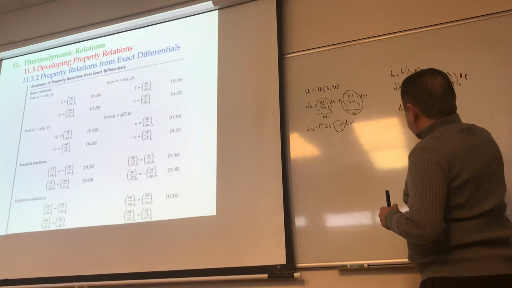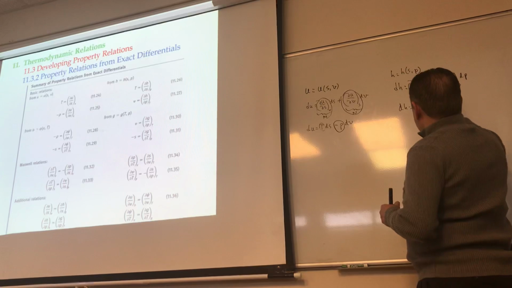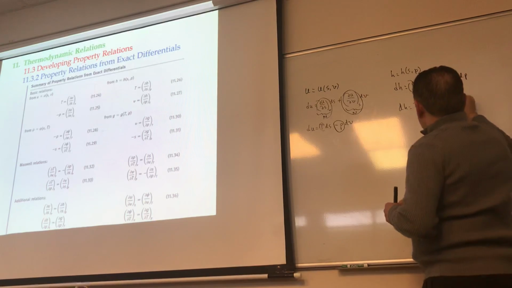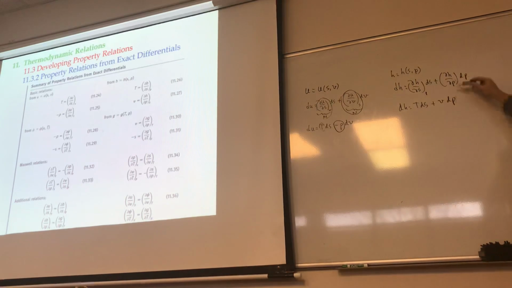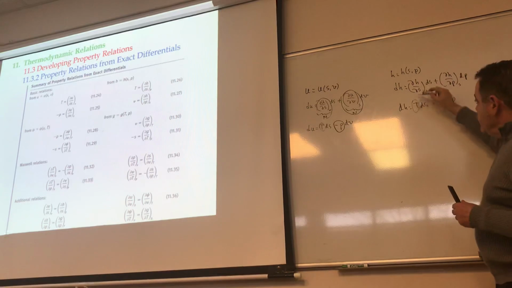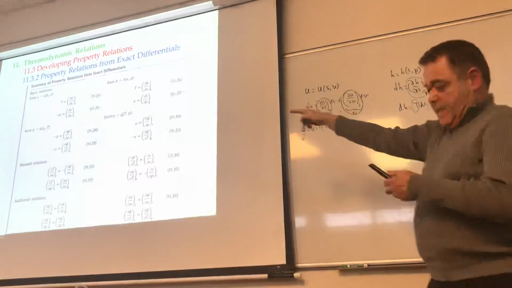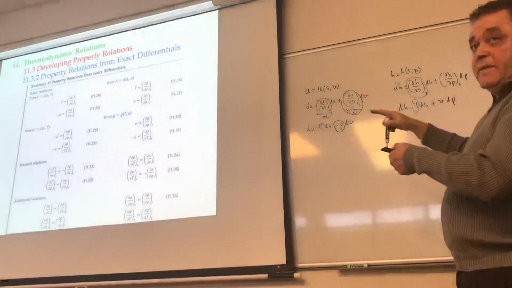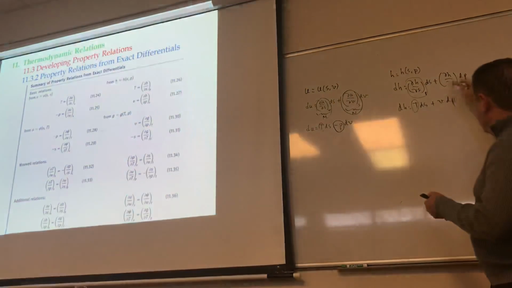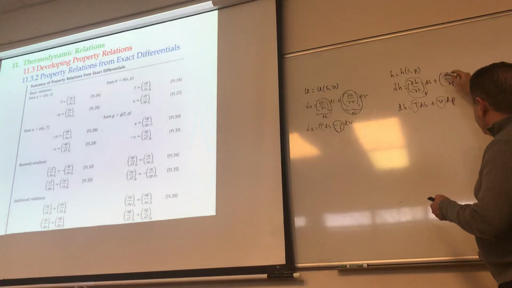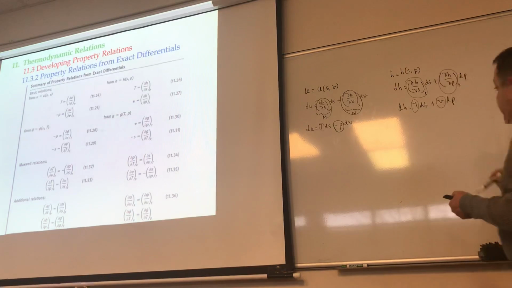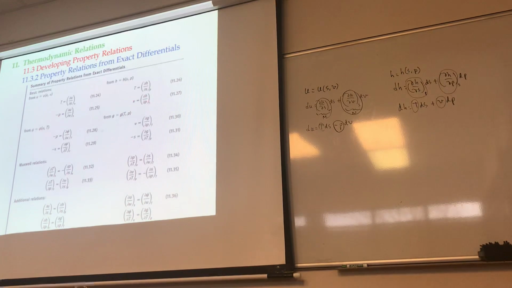But we already know that dH is equal to TdS plus VdP. Okay? So based on these two, what can we conclude? We can conclude that the temperature is equal to what? dH over dS at P equal to a constant. And what else could we say? That V has to equal to what? dH over dP at S equal to constant.